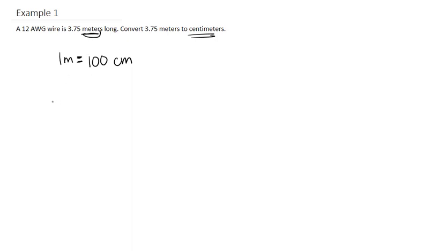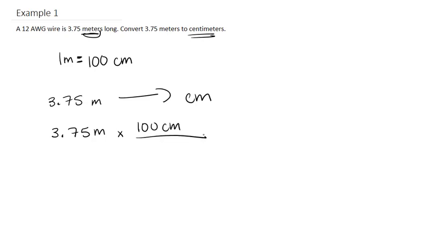Now, we know we need to go from 3.75 meters to centimeters. In order to go from meters to centimeters, we can set up a problem like this. So we put 3.75 meters, and then we need to multiply it by this conversion factor. So we're going to put the 100 centimeters on top and the 1 meter on bottom.